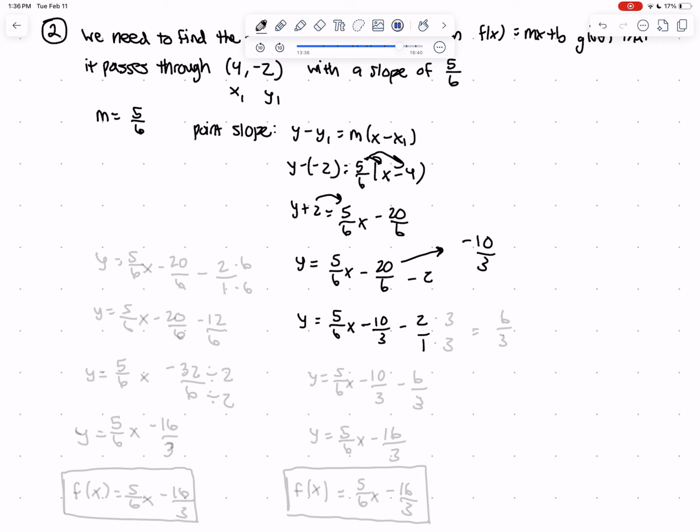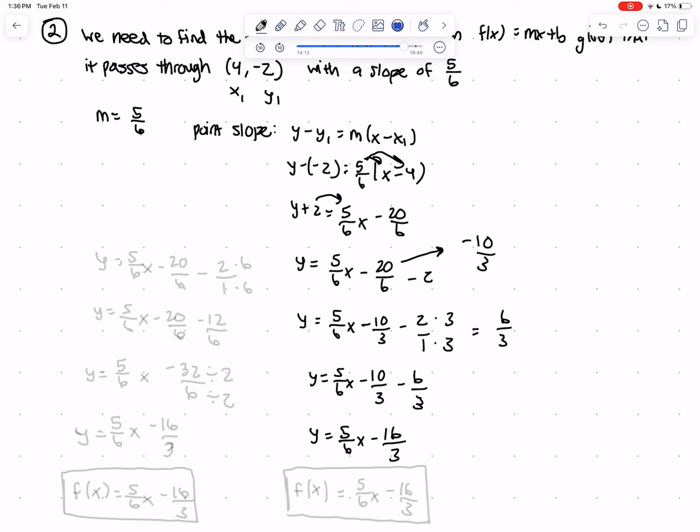Just number 1 times by 3, top and bottom. So negative 10 minus 6 gives us negative 16 over 3, which is correct.